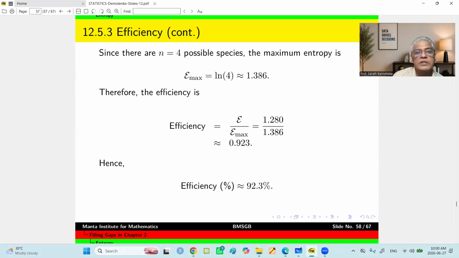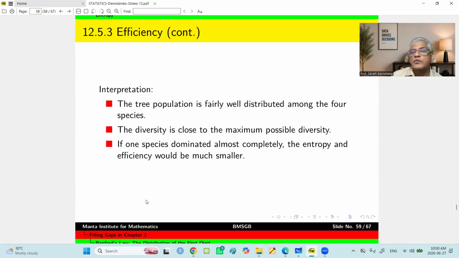So therefore, we can see that the entropy of this forest is actually close to the maximum entropy, where therefore the efficiency, if you calculate, will be 0.92 or 92%. So that means it has a high efficiency. So therefore, the tree population is fairly well distributed among the four species, fairly well, right?